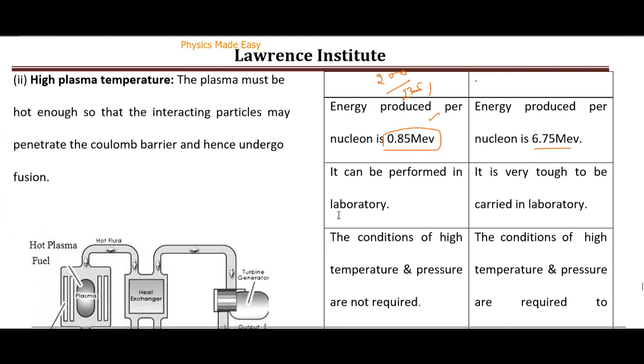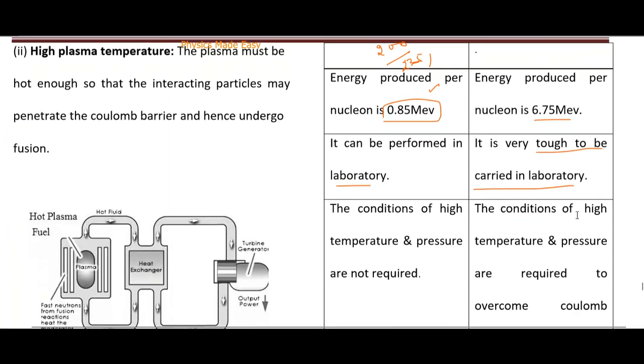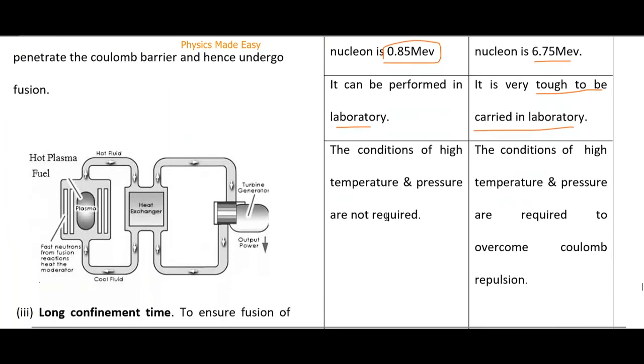Now, fission can be performed in the laboratory, but fusion is very tough to perform in the laboratory. The conditions of high temperature and pressure are not required in fission. In fusion, high temperature and pressure are required to overcome Coulomb forces.